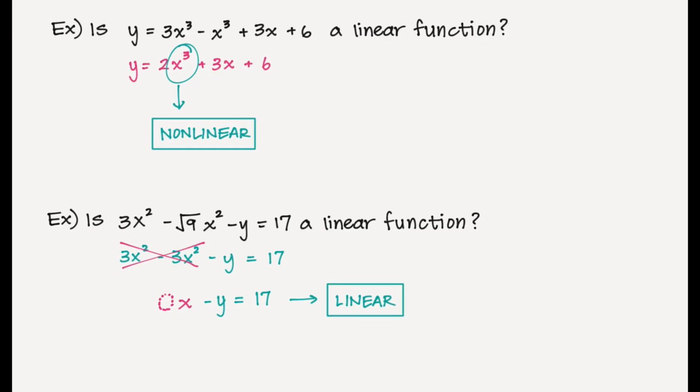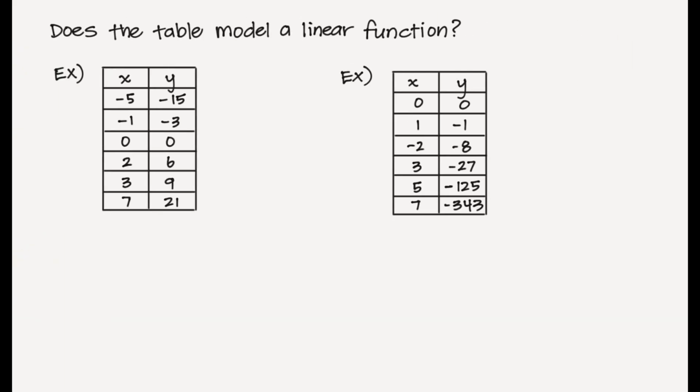Okay? All right, to conclude, I have two more examples, and this time we're going to look at a table of different values to see if they model a linear function. So for instance, I can see that negative 5 times 3 is equal to negative 15. And also negative 1 times 3 is negative 3. 0 times 3 is 0. 2 times 3 is 6. 3 times 3 is 9. And 7 times 3 is 21.